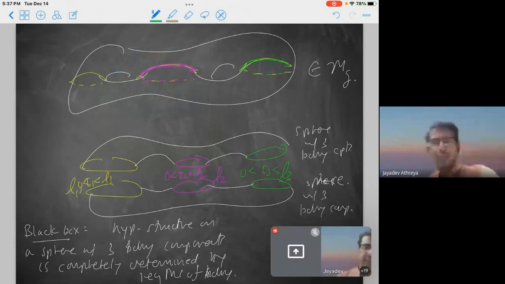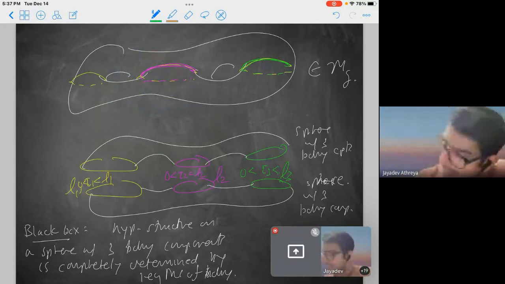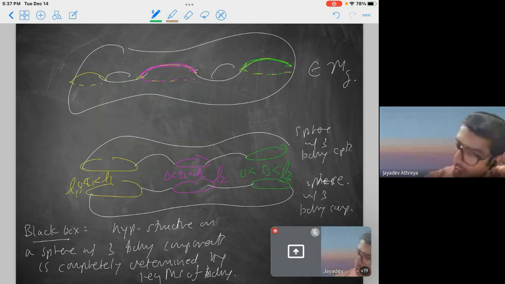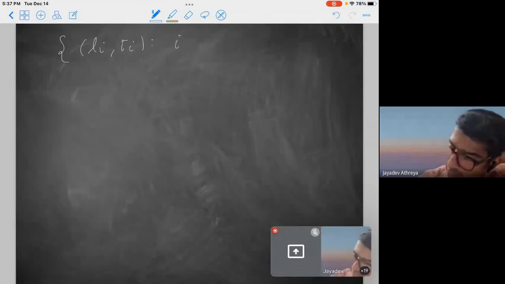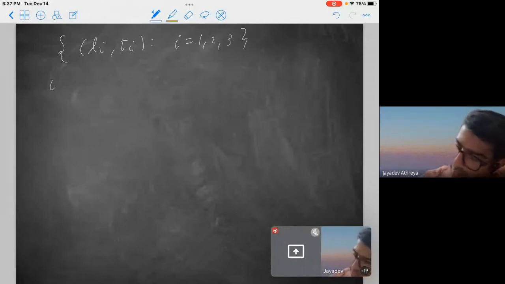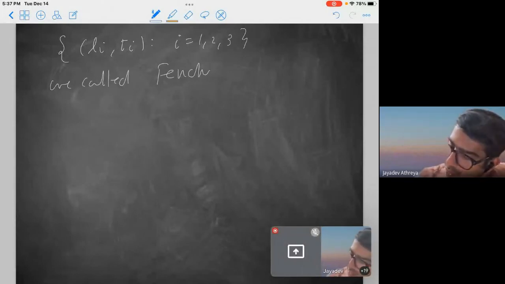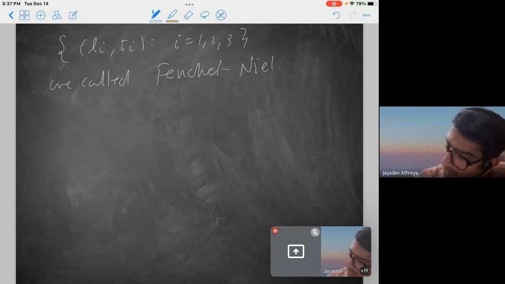So it's telling you how much I can twist this. So these numbers, the set of parameters L_i, tau_i, i equals 1, 2, 3, are called Fenchel-Nielsen coordinates.